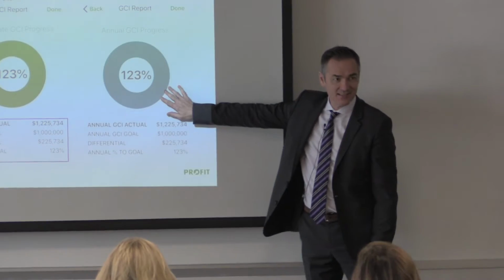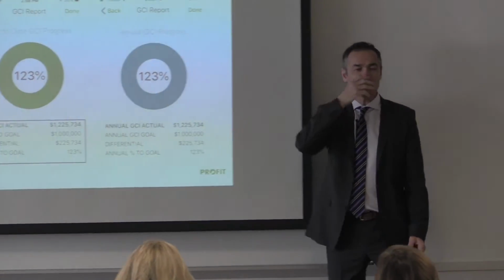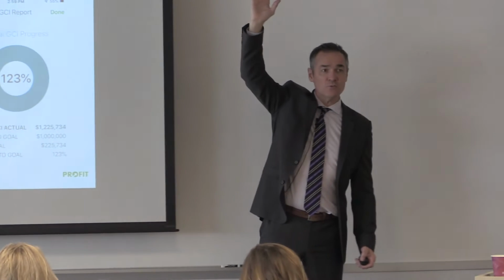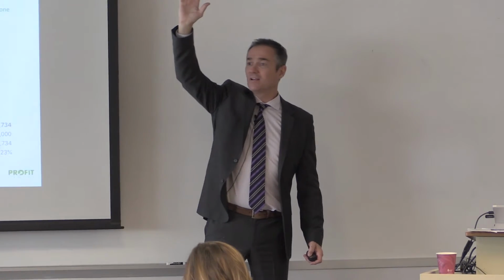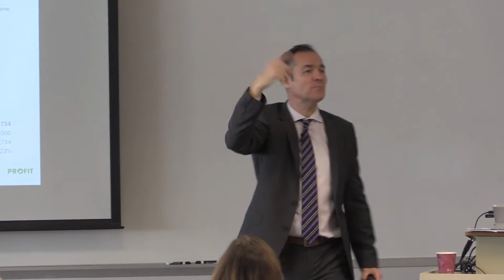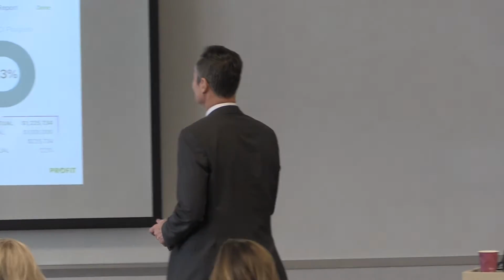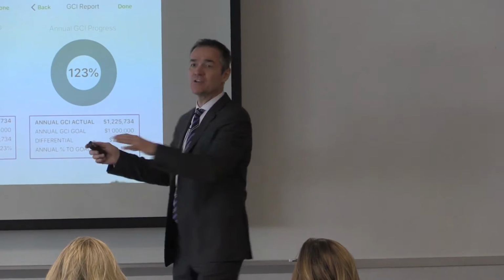Does that make sense? Month to date, year to date, annually. Who sees that on their reports? A few of you? Okay, good. Don't worry, we're going to follow up with you throughout the year with all of this, but that's what your report will look like, okay? All right, so that's the GCI, your gross goal.